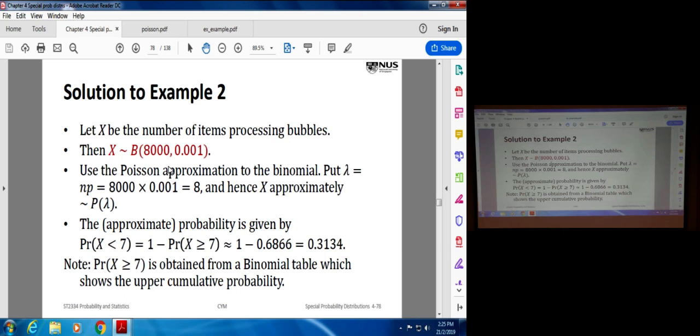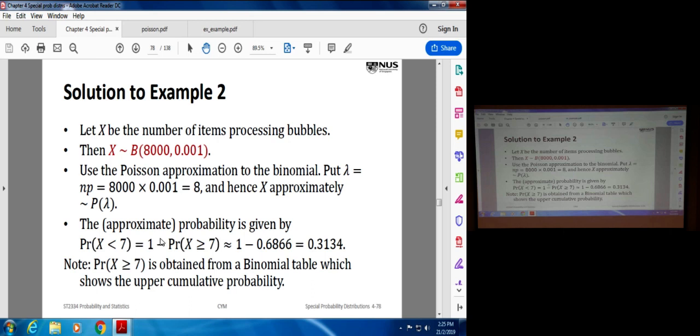Now, these days this is not so bad, but if you prefer an easier life, you can also do the Poisson approximation to the binomial. So lambda is equal to n times p, which gives us 8. So approximately, but not exactly, X is Poisson with parameter lambda equal to 8.